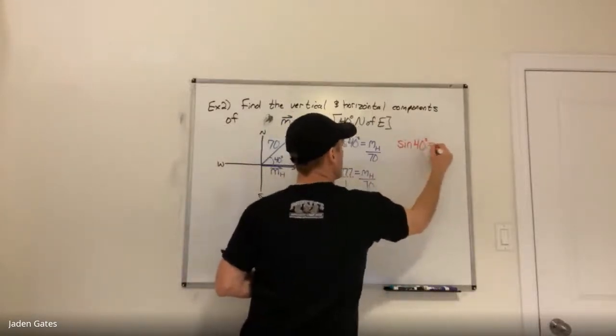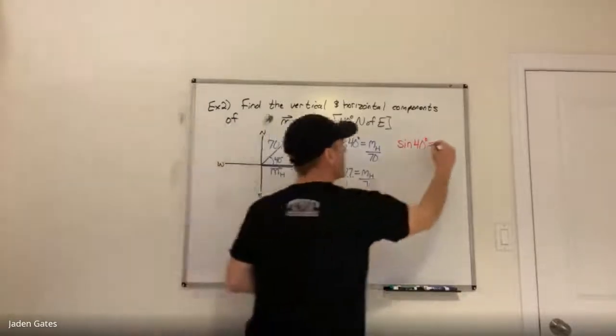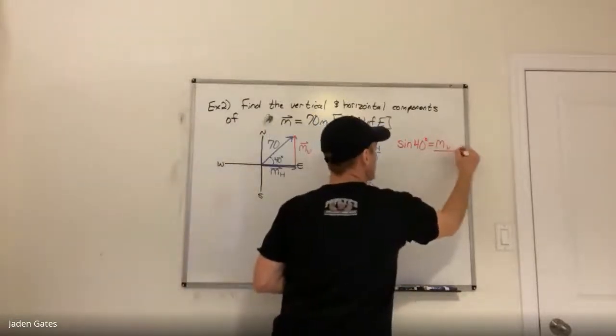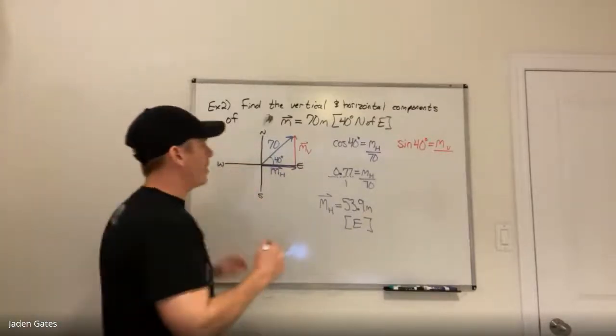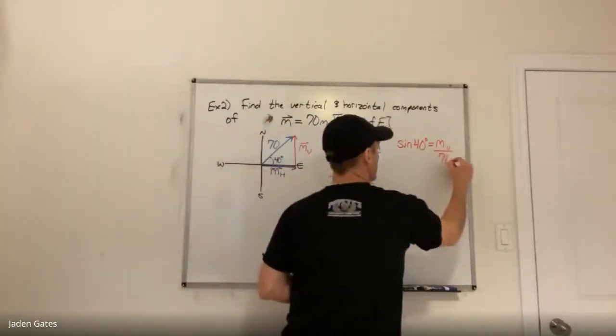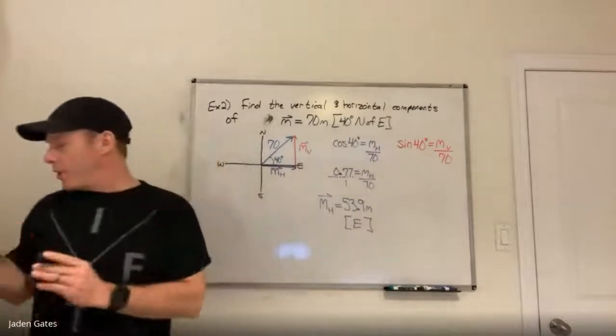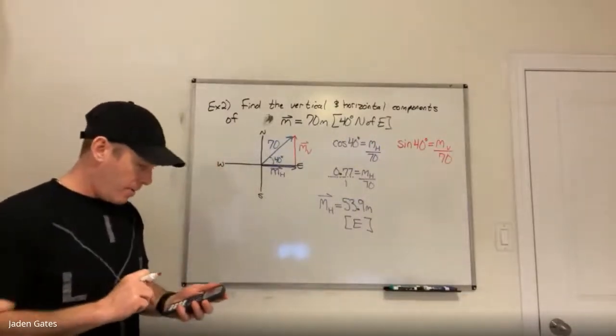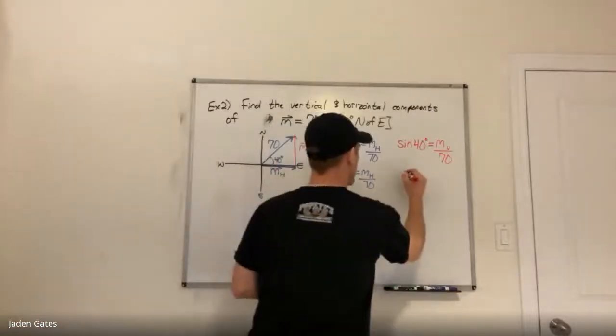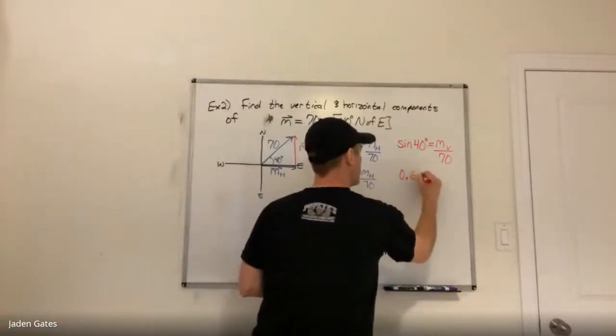Again, my opposite, MV. Ditch the vector symbol because it's got no direction. I'm just finding the size. And again, my hypotenuse there is 70. All right, sine of 40 degrees is 0.64. Again, to 2 decimal places. Don't round.